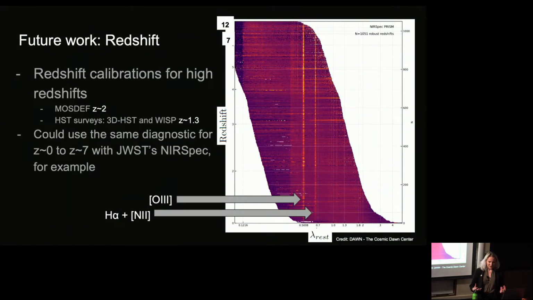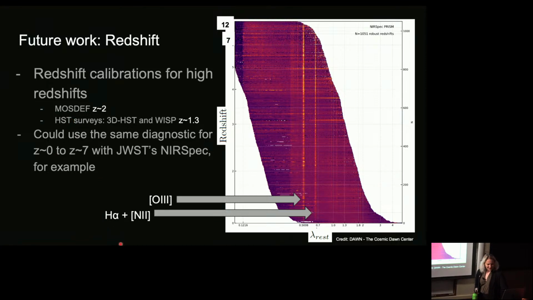As for our future work, I introduced this briefly on the slide beforehand, but we have seen some preliminary results of a redshift dependence, so we hope to calibrate that so that this is useful for high redshift surveys. We're looking at the MOSDEF data from the Keck Observatory, as well as these two HST surveys.